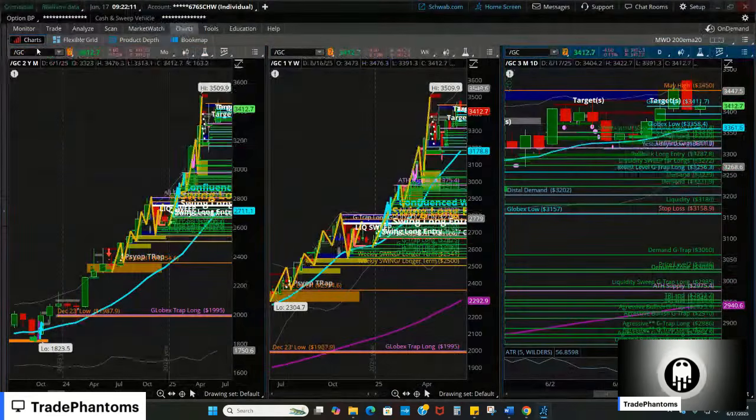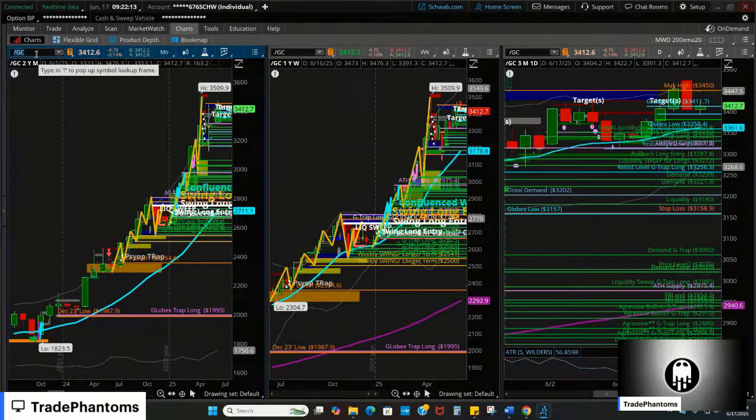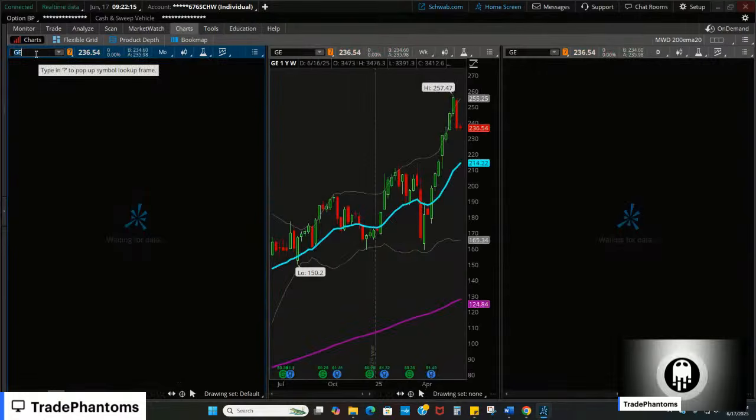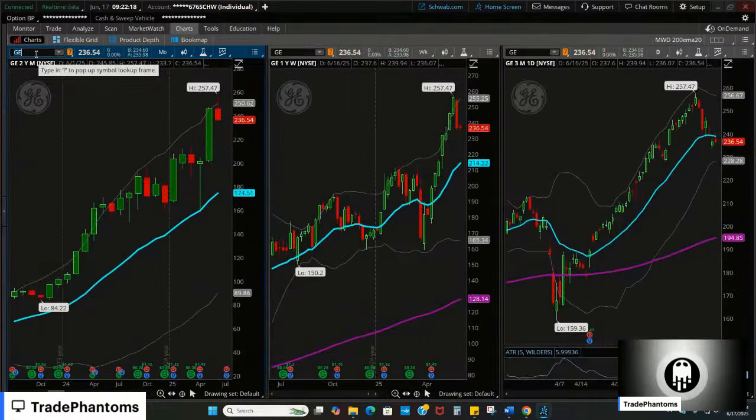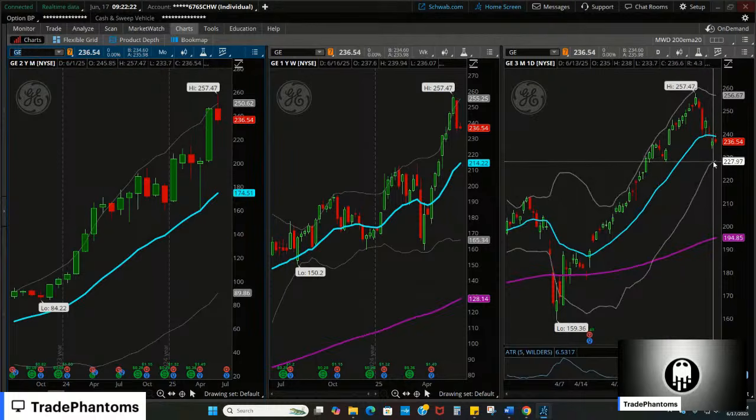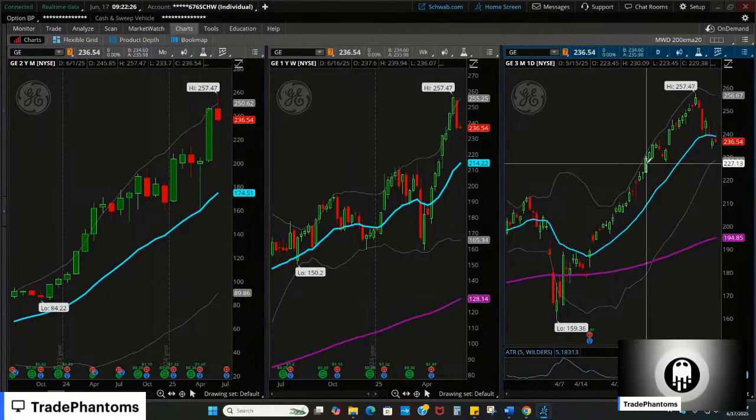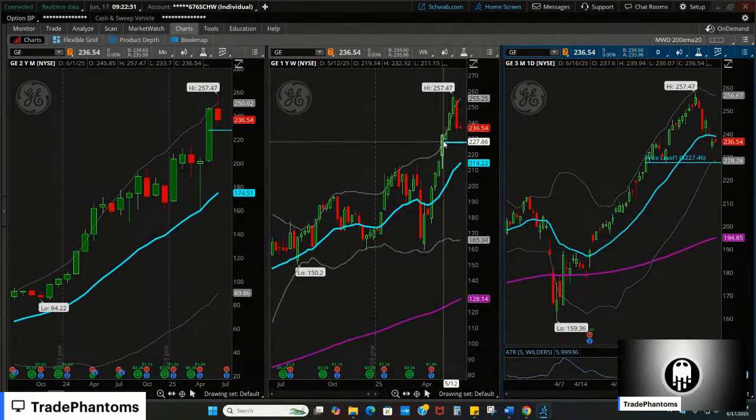I'm curious to see if this is around the 20. I could see a bit of a liquidity sweep right below this shelf right here, right below that weekly low.